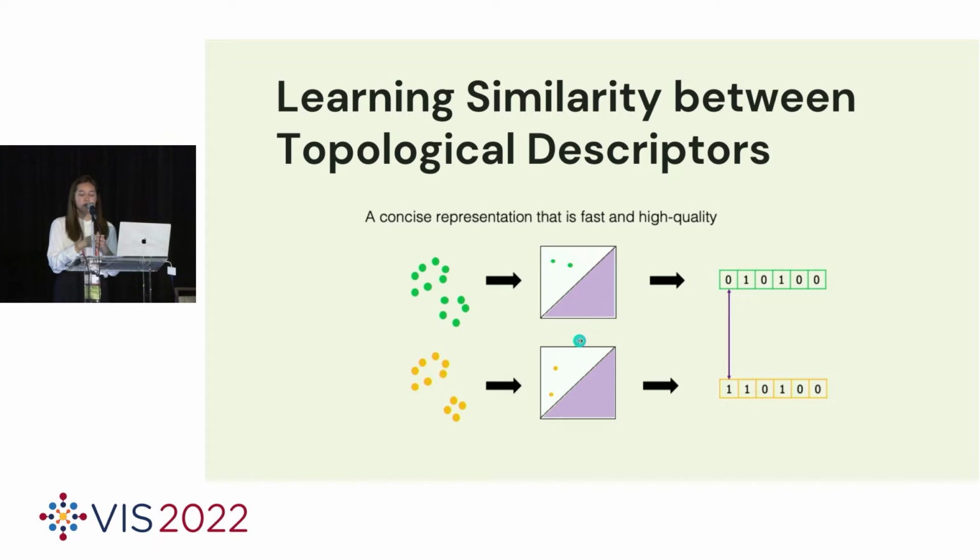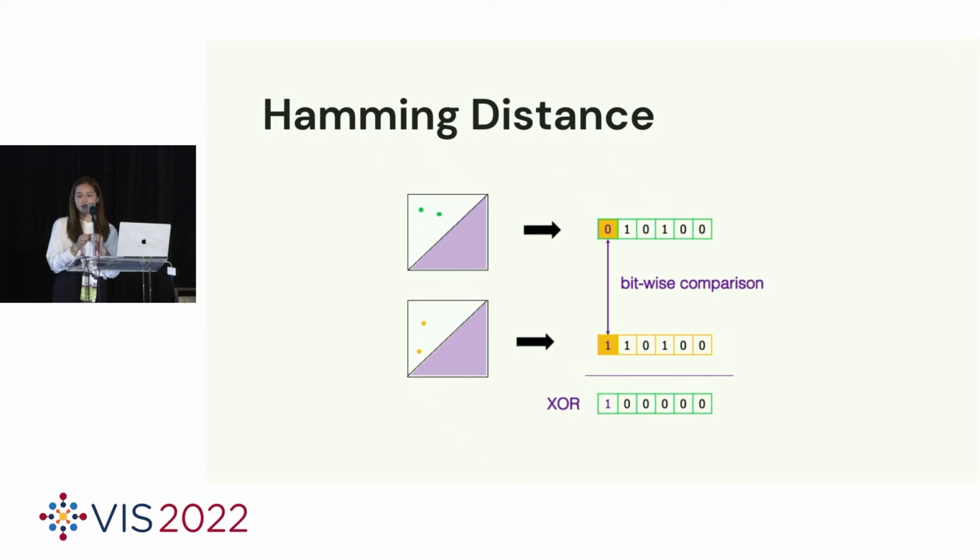The main idea is to use machine learning methods to hash the persistence diagram into a binary code, so that the distance between persistence diagrams can be transferred into a simple bitwise comparison between binary codes. The main challenge is that we want to use such binary codes for the distance comparison, but still maintain a similar similarity in the topological space.